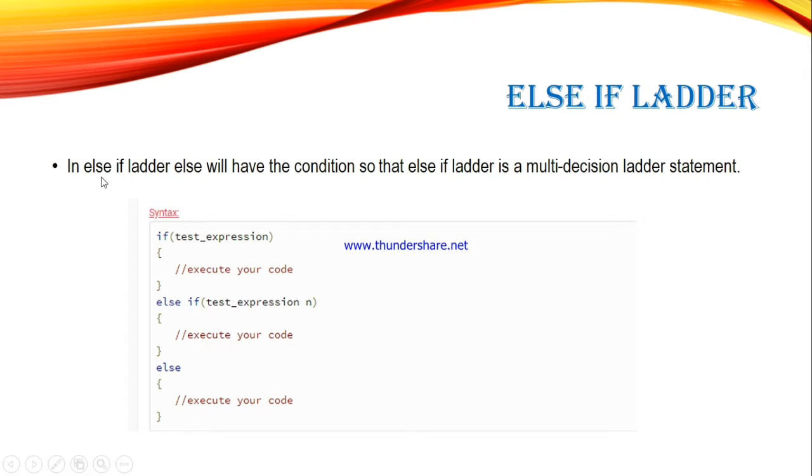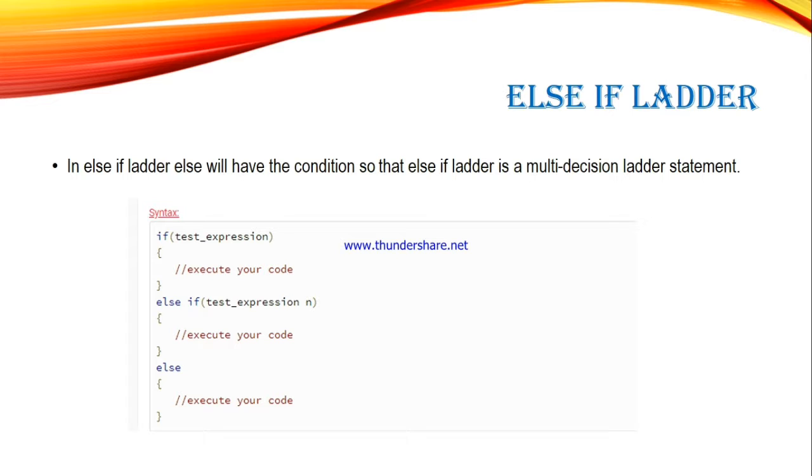And else if ladder. In else if ladder, else will have a condition, so the else if ladder is a multi-decision ladder statement. The syntax: if test expression, execute your code. Else if, within the else we have a test condition. As far as we saw in the decision making statements, we have a test condition for if, not for else.